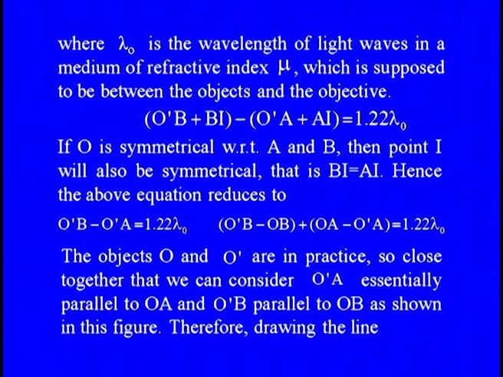This equation we can also write as O prime B minus OB plus OA minus O prime A equal to 1.22 lambda. The objects O and O prime are in practice so close together that we can consider O prime A essentially parallel to OA and O prime B parallel to OB, as shown in this figure.